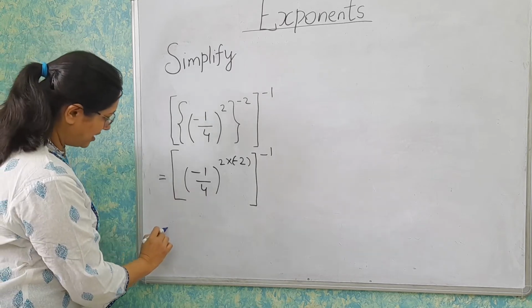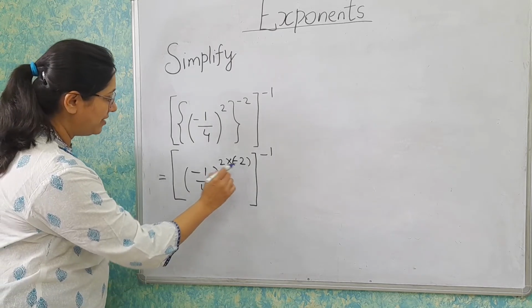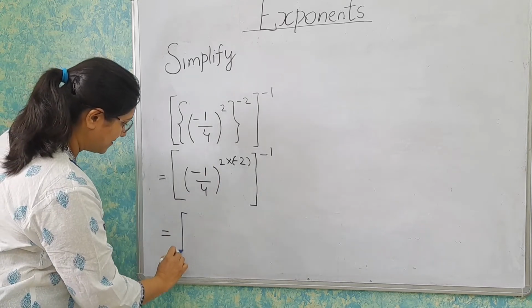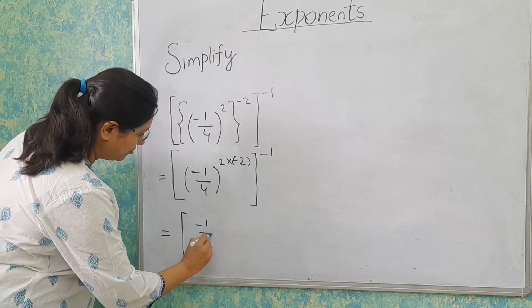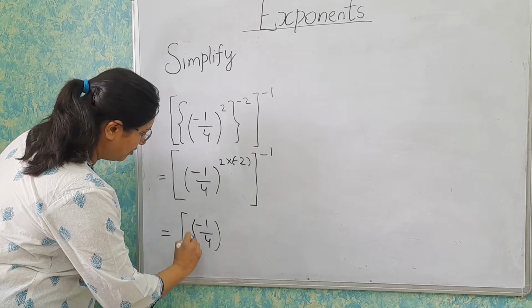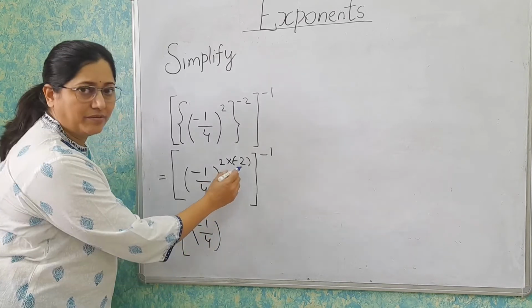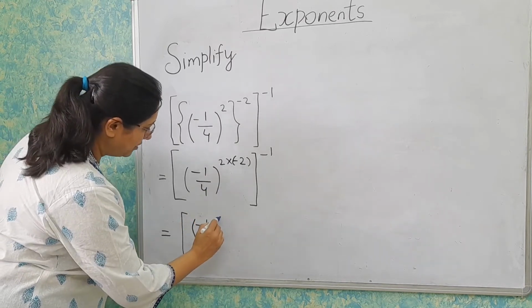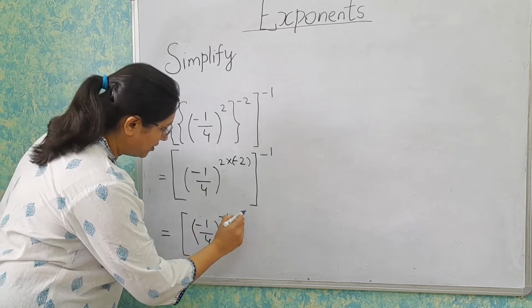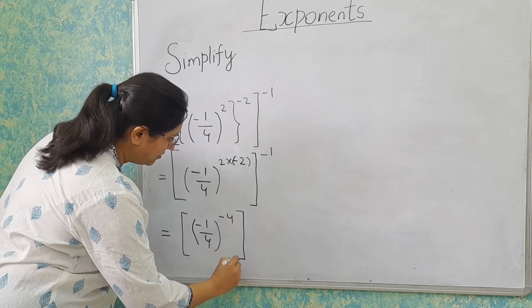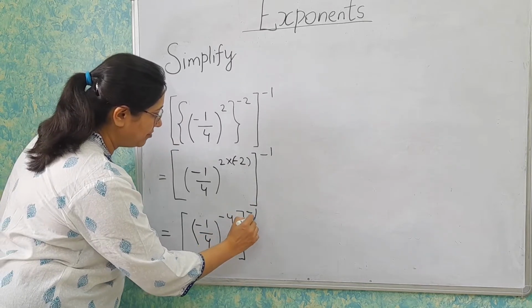So in our next step, first I will multiply these two numbers. Again I will write the number as it is, minus 1 upon 4, small bracket, and now I will multiply the exponent. 2 multiplied by minus 2 is minus 4. Now again I will close the bracket and then exponent minus 1.